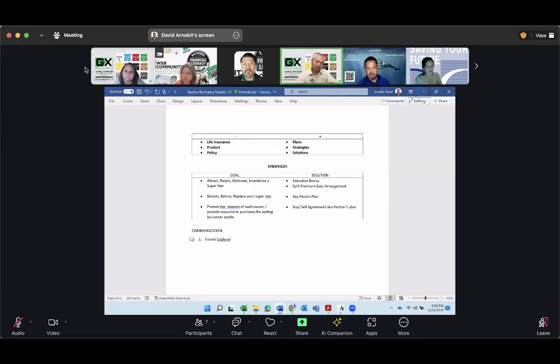The funnel explanation is, can you describe to me any of these solutions in that funnel format? This is how it works, basically, in a nutshell. So, can somebody give me an example of, in a nutshell, for a buy-sell agreement?